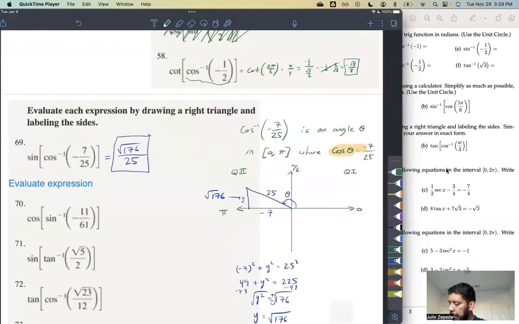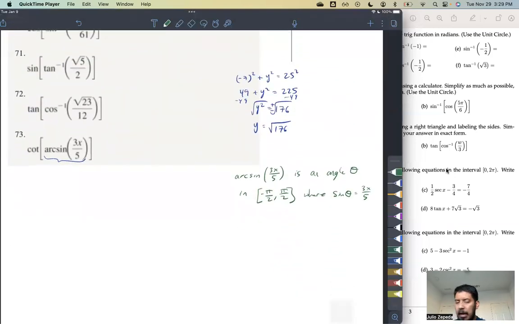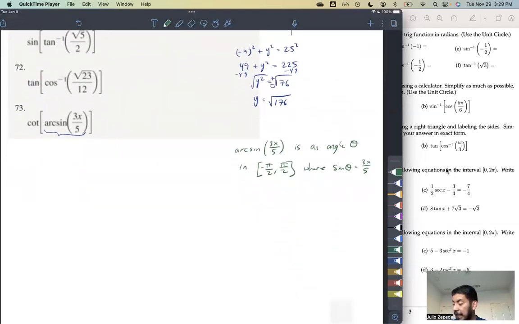Okay. And so now we can ask ourselves, well, let's see, negative pi over 2 or positive pi over 2 in that interval. Which of those two quadrants are we in? We're not really given a clue as to whether x is positive or not.